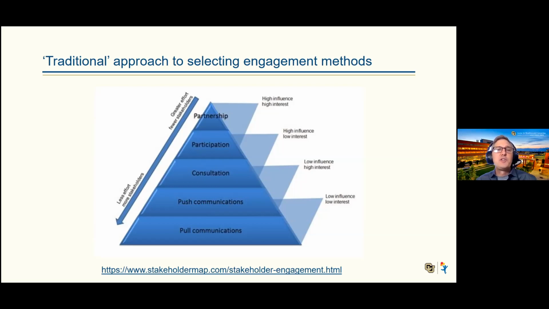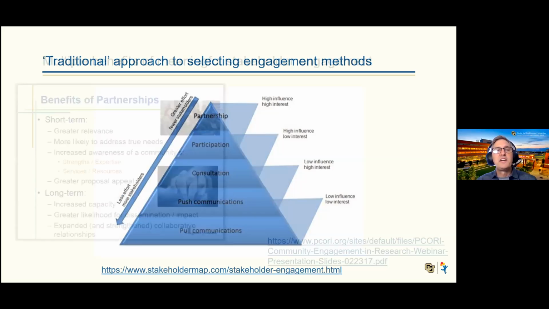There is a traditional approach to selecting a stakeholder method, which I alluded to earlier in business, and it has to do with, what's the level of influence, what's the level of interest, and which of these levels of engagement matches up with the stakeholders' level of interest and pre-existing engagement and their influence on the process.